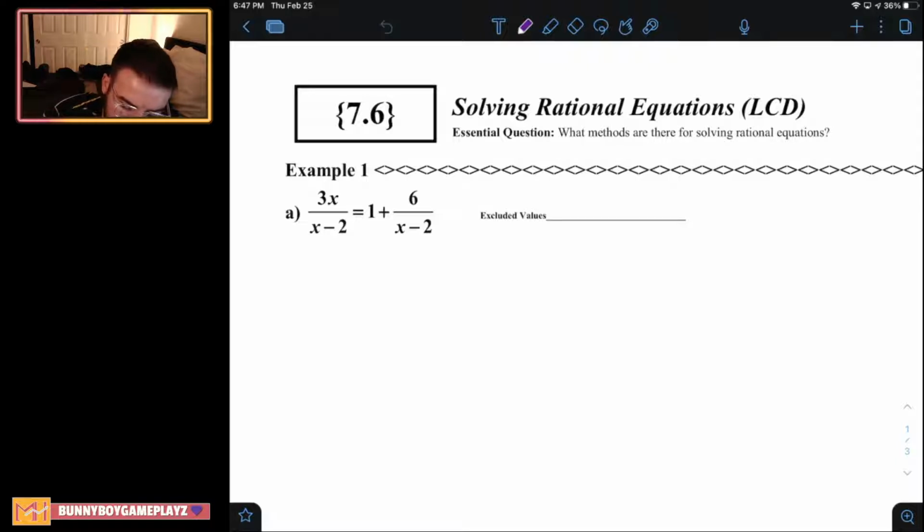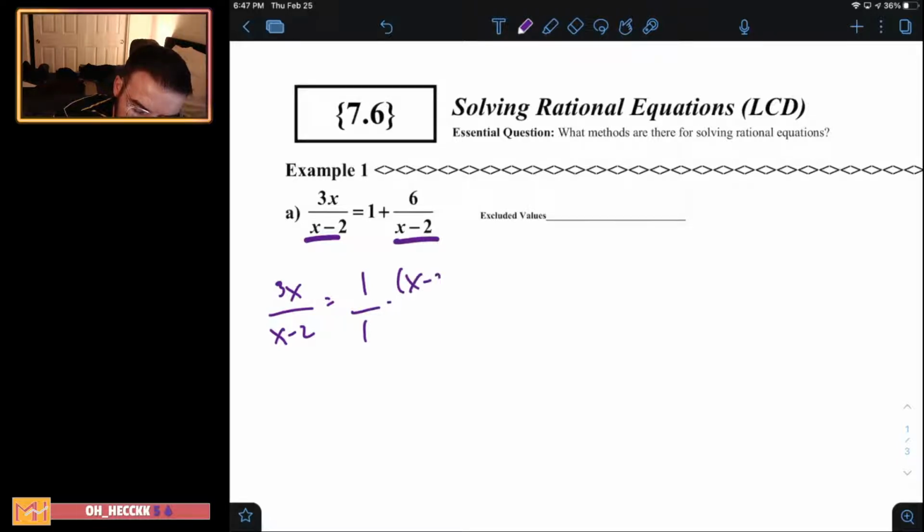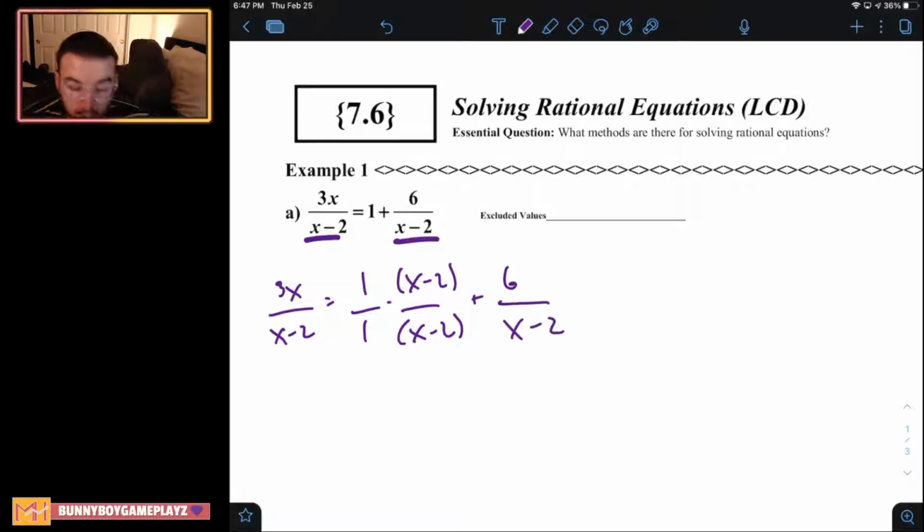So check this out. We already have a denominator that matches there, right? Well, let's go ahead and keep those like so. And then we need to multiply 1 over 1 by x minus 2 in order to get a common denominator. Now, you might have forgotten common denominators, right? We have to multiply by the factor that's missing.